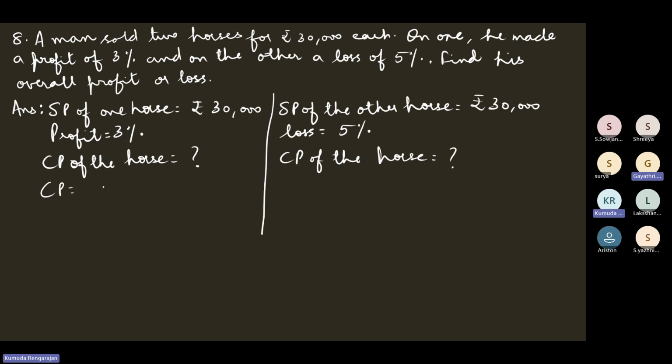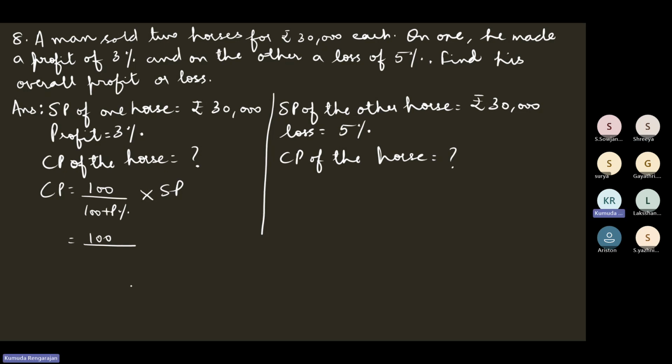Ma'am, is it 30,900? 900, okay, let's see. Ma'am, for the first one, I am getting 29,100. 29,000, okay.